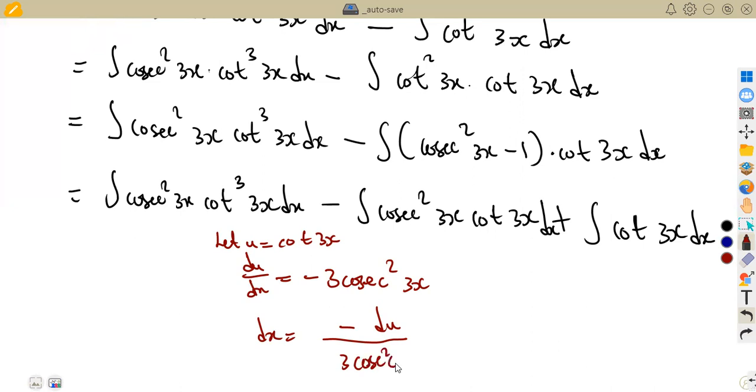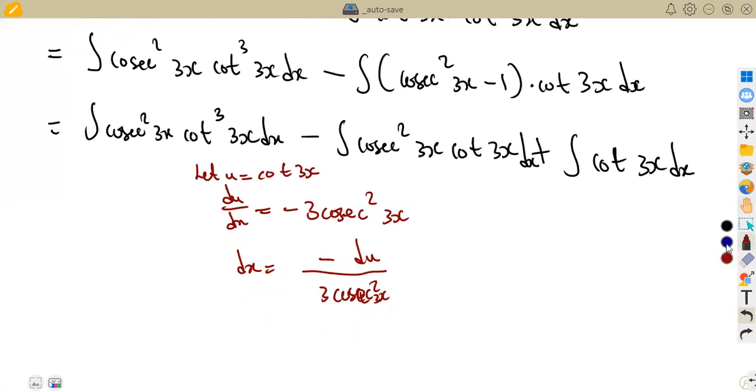So this will be cosec squared 3x, as long as you understand there on the numerator. If we were to take a closer look, we're supposed to bring this back into our normal substitution. If we get rid of this, we're going to see that the cosec squared and the cosec squared 3x cancel each other.